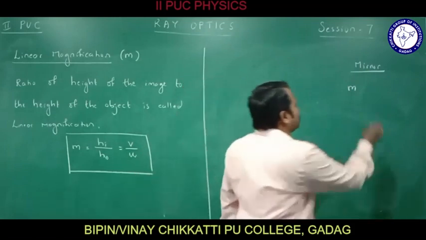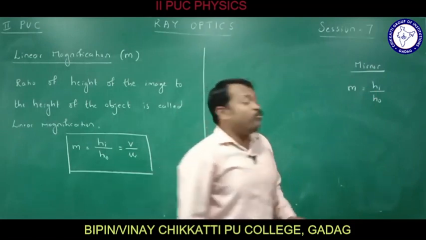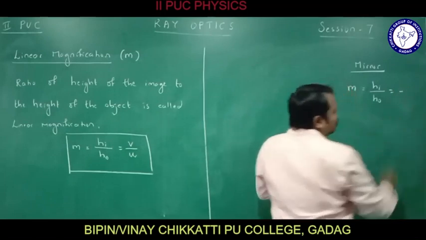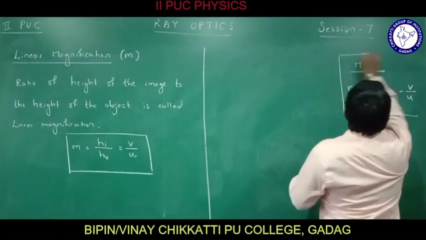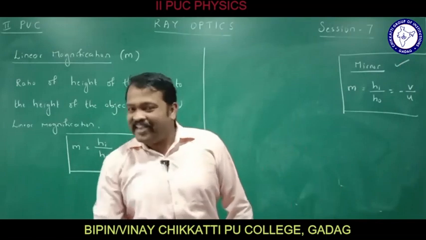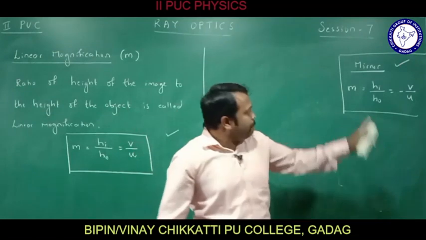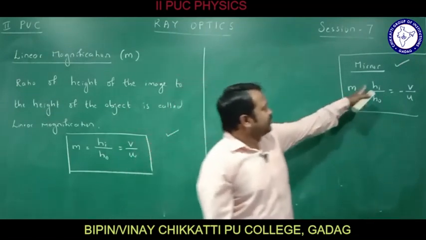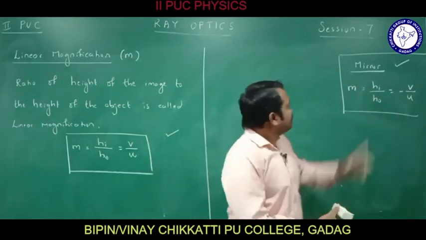The definition is the height of the image divided by the height of the object, but in terms of U and V, you got minus V divided by U. This is the case for a mirror, and this is the case for a lens. In the case of a lens we don't have the negative sign: V divided by U is positive, but in the case of a mirror it is negative, minus V divided by U.